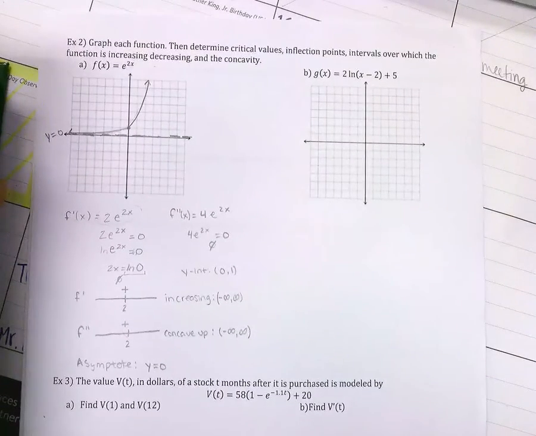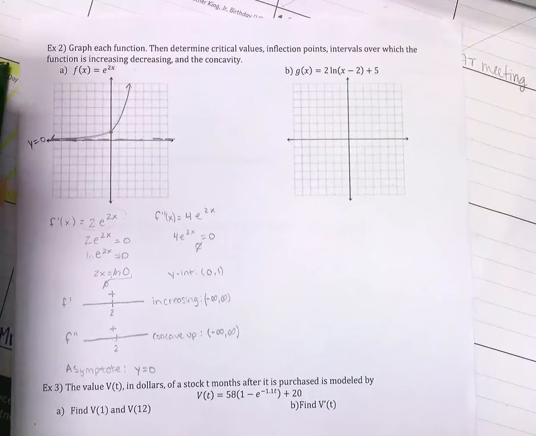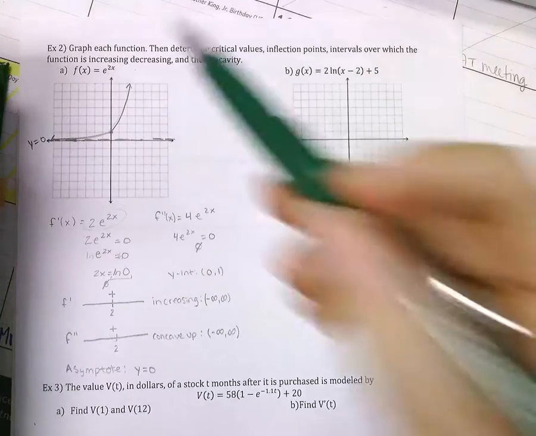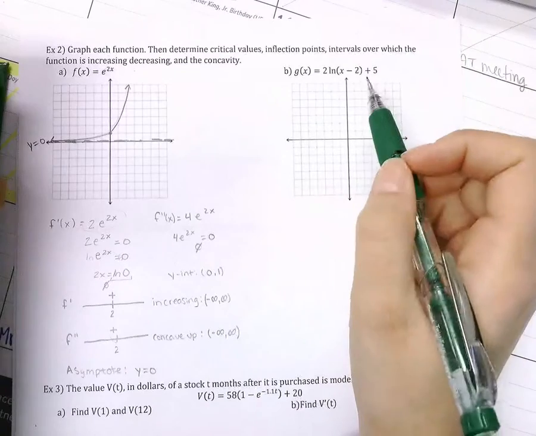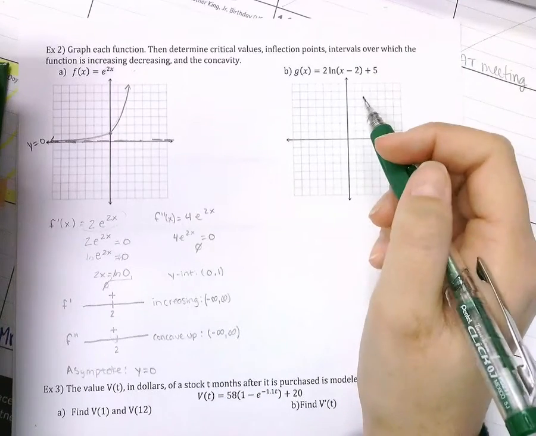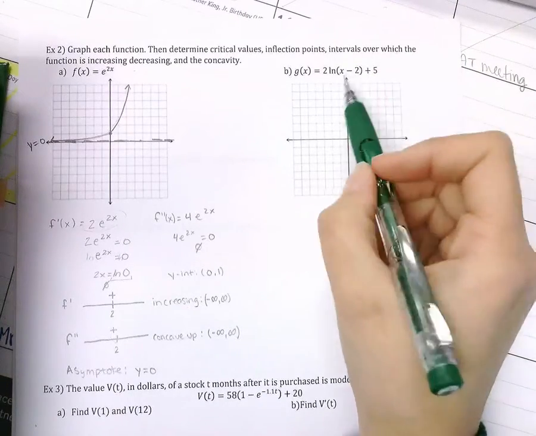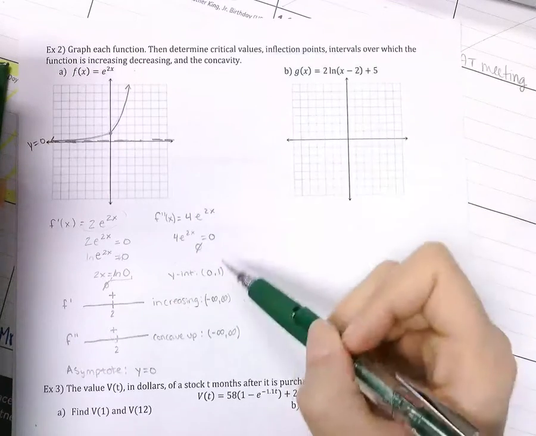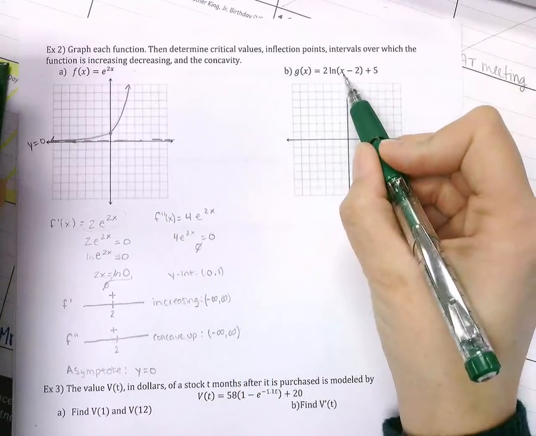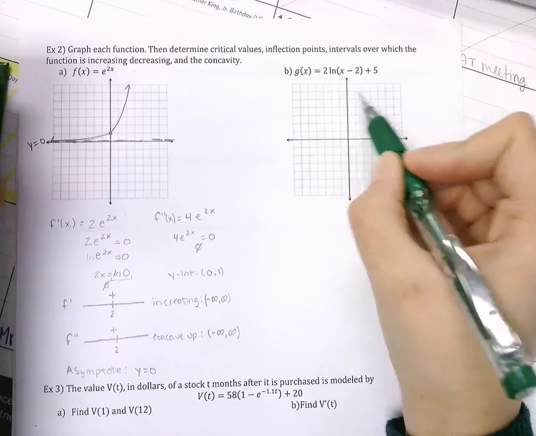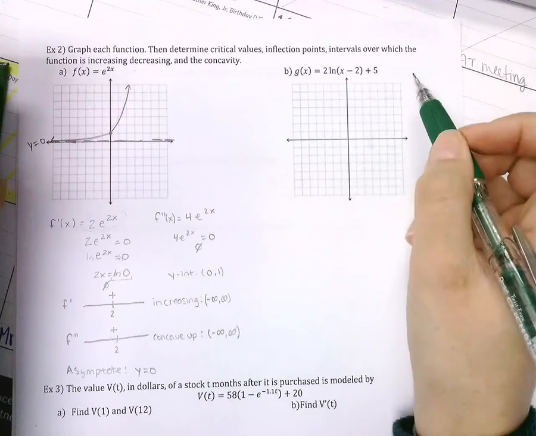All right, b. So b is a natural log function. Natural logs are inverses of e exponential functions, which means if an exponential e function has a horizontal asymptote, the natural log function will have a vertical asymptote. We discussed briefly that you can't take the natural log of 0. So whatever x value is going to make that 0, that's an asymptote.